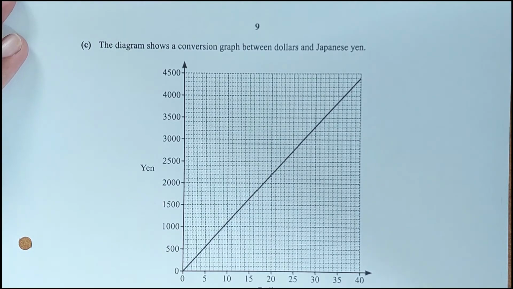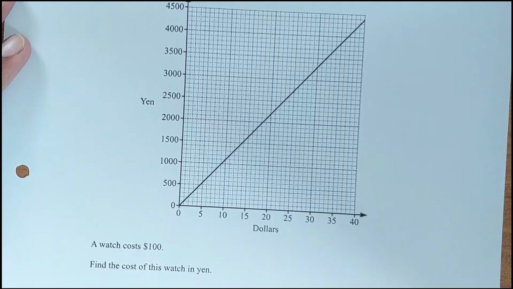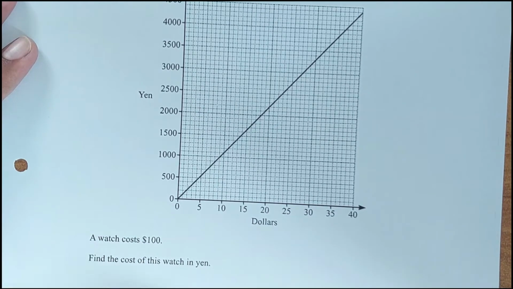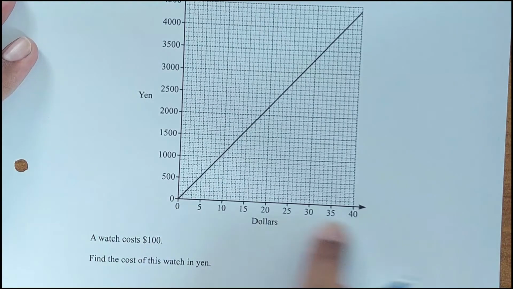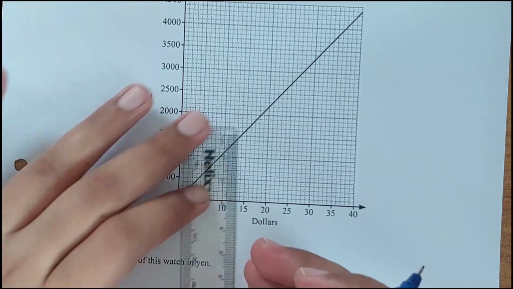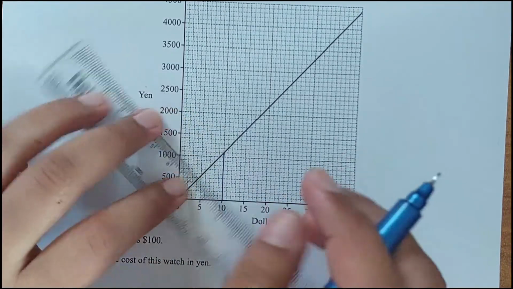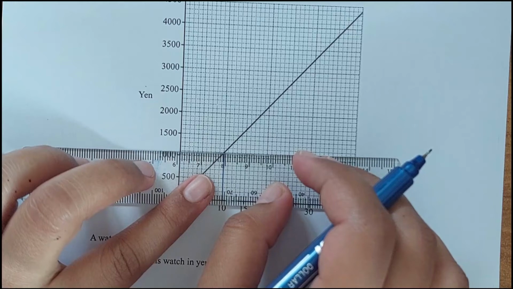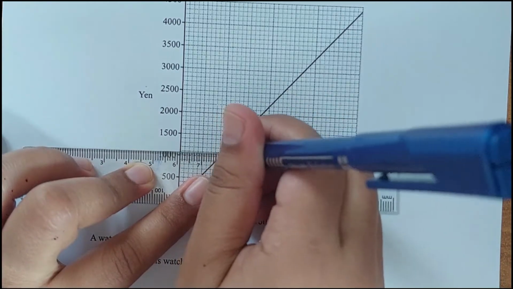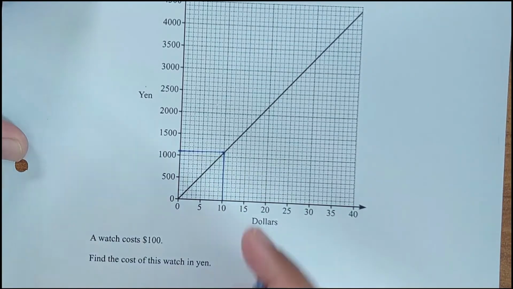Now for part C, the diagram shows a conversion graph between the dollars and Japanese yen. A watch costs $100. Find the cost of this watch in yen. Okay, so $100. We have dollars till 40. So if I check on the graph, $10 is equivalent to how much Japanese yen? Okay, so this is 1,100, right?